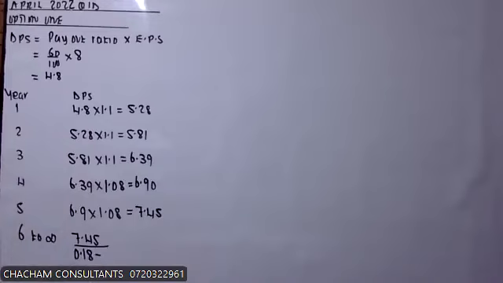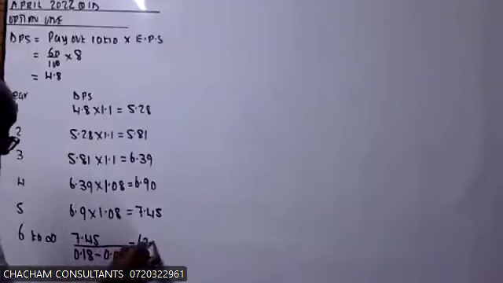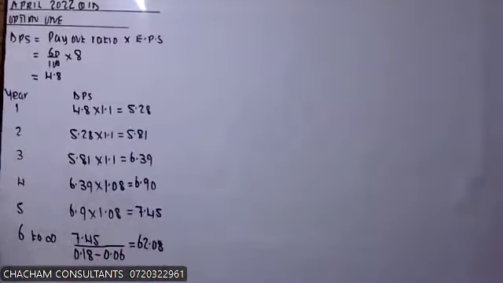And then the growth rate there is 6%, 0.06. So 7.45 divided by 0.18 minus 0.06 gives $62.08.